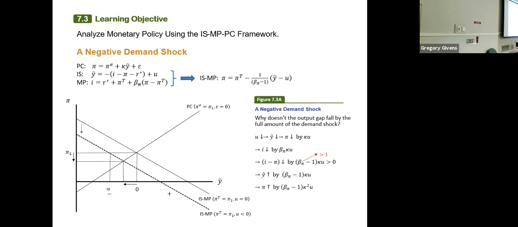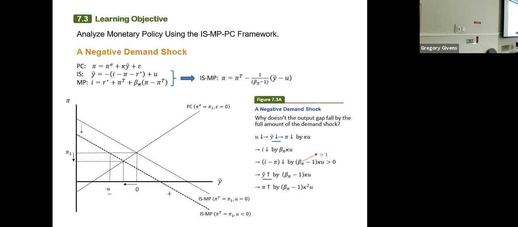You guys see what's going on here? What do we start with? The demand shock initially caused the output gap to fall and inflation to fall, but the central bank lowered the nominal interest rate in response to that development enough to lower the real interest rate, which raises the output gap somewhat.